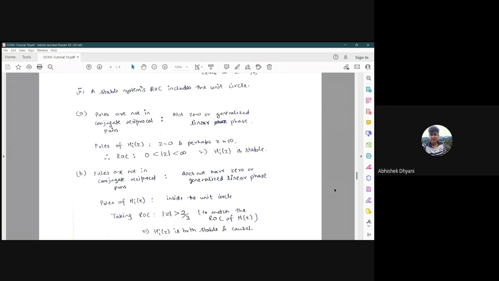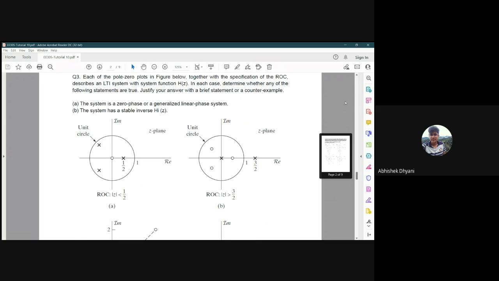Now when we compute the region of convergence, we take it in a way that it also matches the ROC of H(z). For H(z), the ROC was mod z greater than 3 by 2. For the inverse, we have taken mod z greater than 2 by 3, right? Because 2 by 3, if you look at it, is this point.